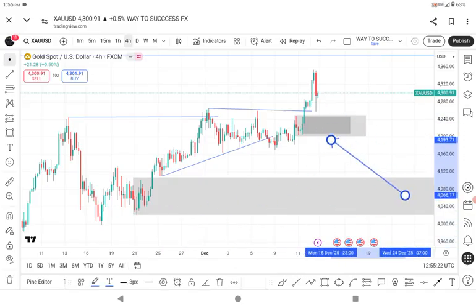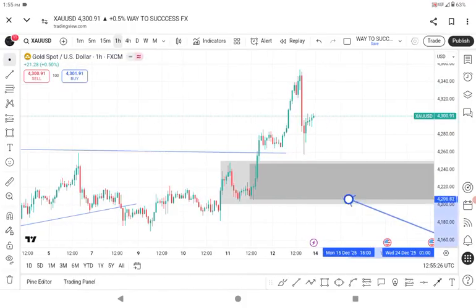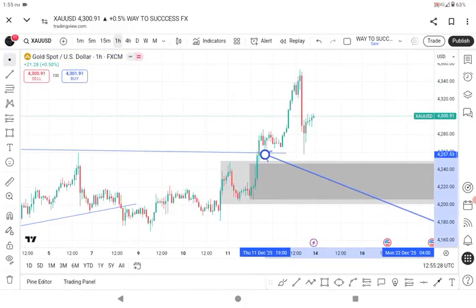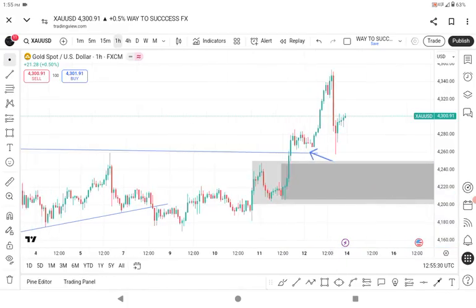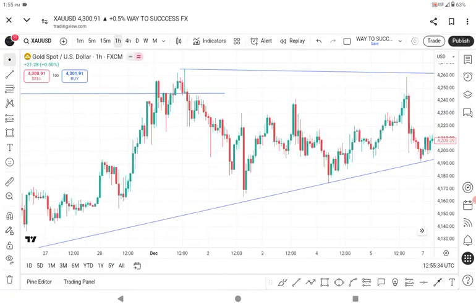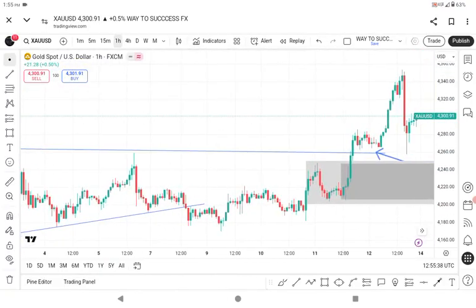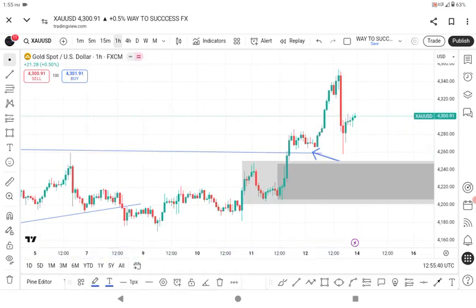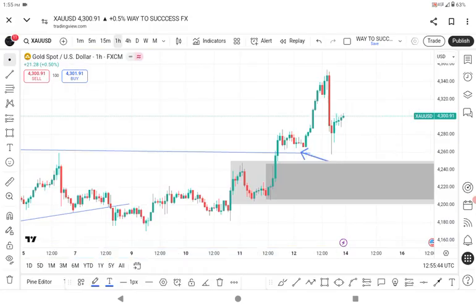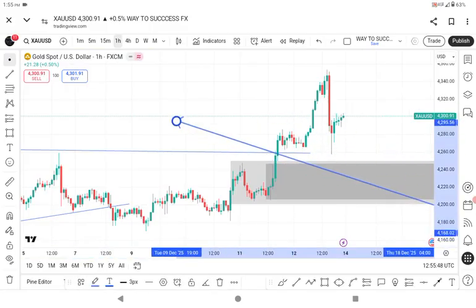And let's check the H1 to see what we've got. Also similar stuff. Here we have a break of structure on the H1, just like we do on the H4. This level is also an H1 break of structure and an H4 break of structure. So since we've broken this high at this level, what am I planning going into next week?